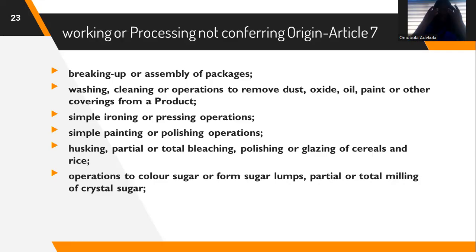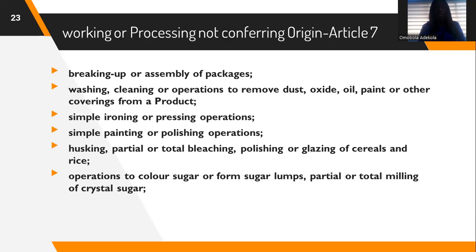So in all of this, for the wholly obtained product and sufficient transformation work, there are some kinds of work that will not qualify as sufficient transformation. If they don't qualify, they don't qualify for preferential treatment. So those are not substantial transformation. I've brought out some examples.